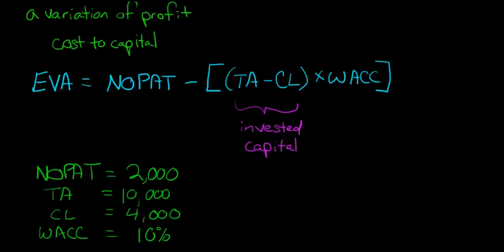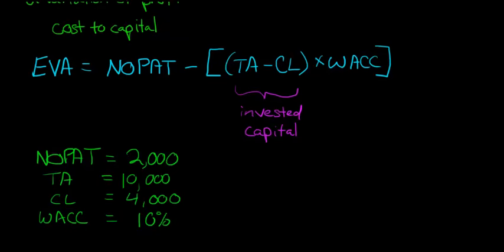So let's go down here and actually calculate this out. Now the EVA is going to be equal to this return, so this 2,000, minus this 10,000 minus the 4,000 in current liabilities.